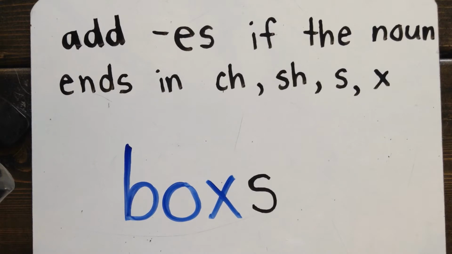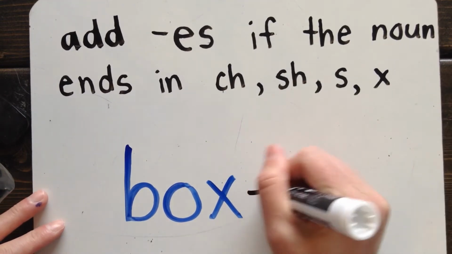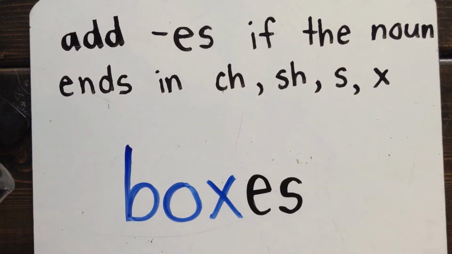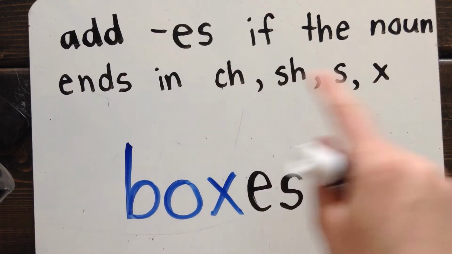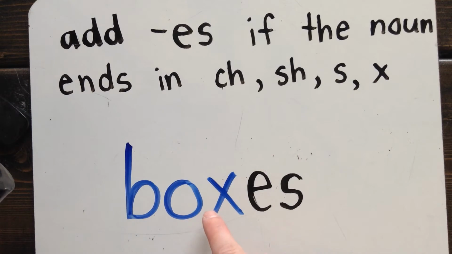I have many boxes. Oh, I need an es. Boxes. I have many boxes. That sounds better than the first time when we just had the s. So if you're worried about remembering this rule, add es if the noun ends in ch, sh, s, or x, don't worry too much about memorizing it. Say the word you're trying to make plural, see if it sounds right. And if it doesn't, you might need to add that extra sound.